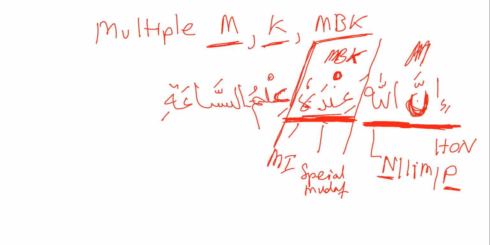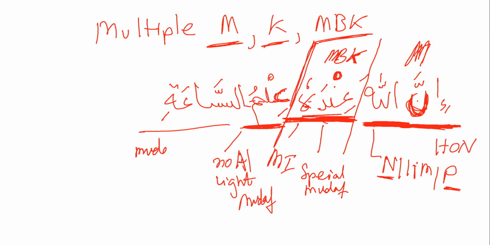That's why it is an MBK. Now ilmu: can you add al? No al, and it is light, so it will be a mudaf, and the next word following it is in the jar status, so it will be the mudaf ilayh. They are in one bucket.